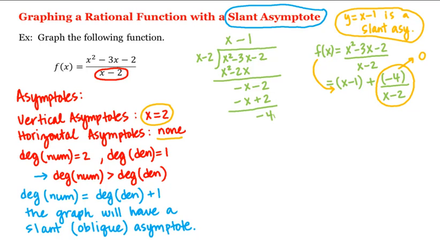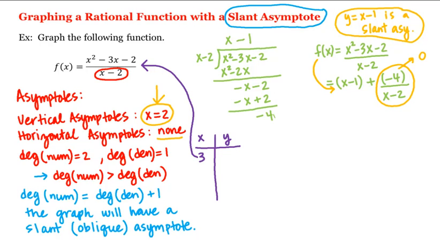And now that we have our asymptotes, let's find a few points on our graph on either side of this vertical asymptote here. So we have x and y. So when x is equal to 3, for example, we can plug 3 into our function, and we get 3 squared minus 3 times 3 minus 2, which is 9 minus 9, or 0, minus 2, which is negative 2, divided by 3 minus 2, which is 1.